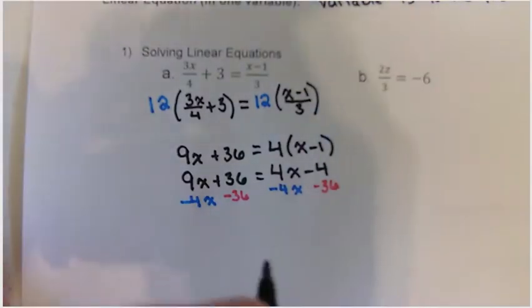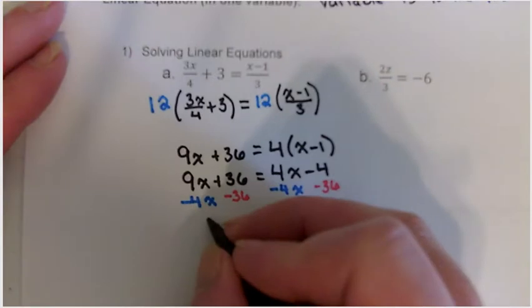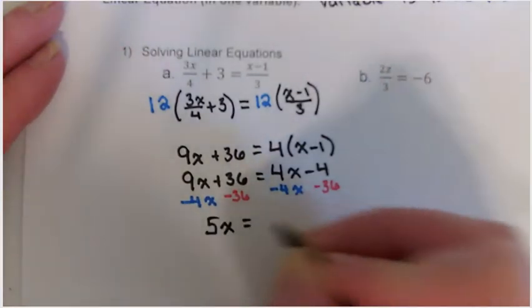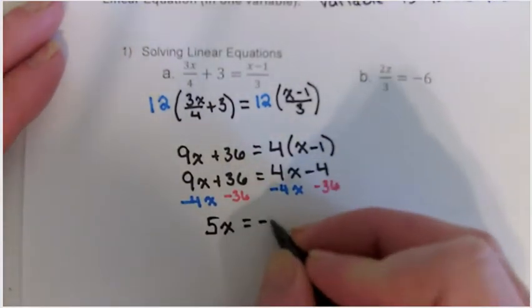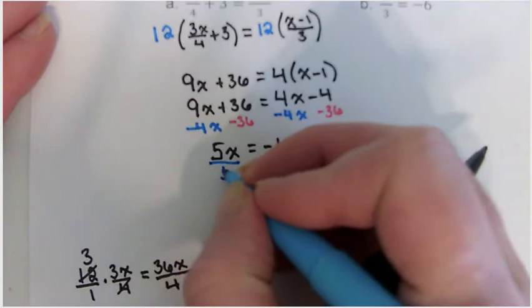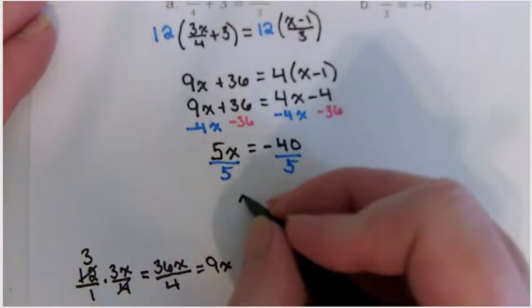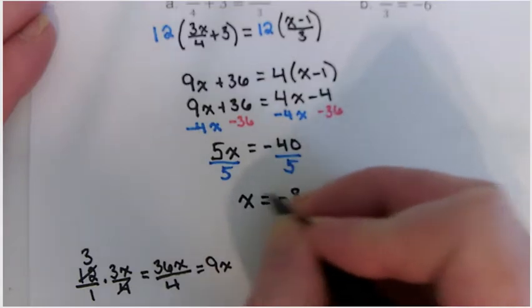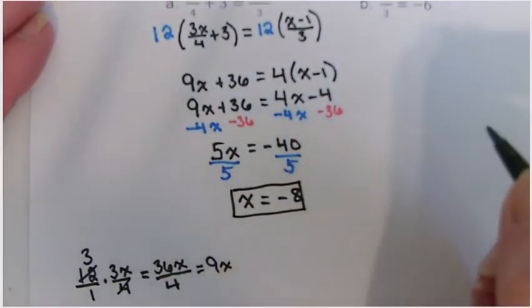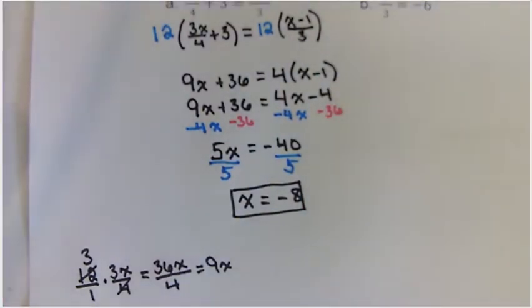Now, as we go through the course, I may not be showing every single little step like this, but just to start off, I will. So that's going to be negative 40. Then we divide by 5. Or what you're doing to one side, you have to do to the other side. And we can always double check that this is the correct solution by plugging it back in.